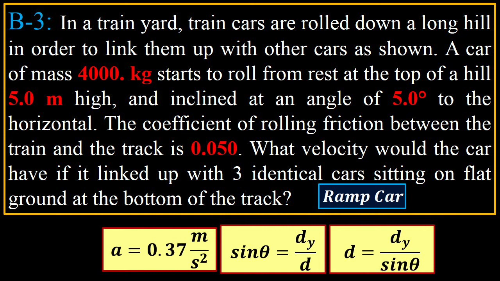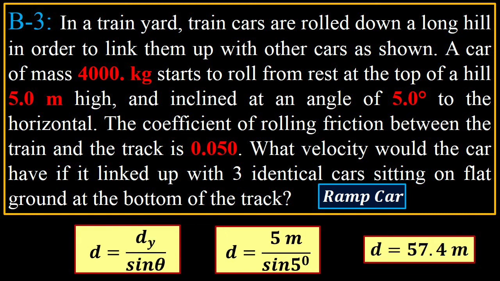What equation would relate final velocity, a, and d? D is going to be the distance down the ramp. In other words, I didn't say d hypotenuse. I wanted you to understand that the distance the single train is actually going to be moving. What distance is the actual train going to move?